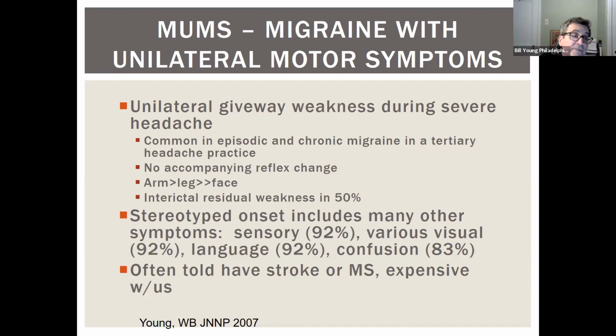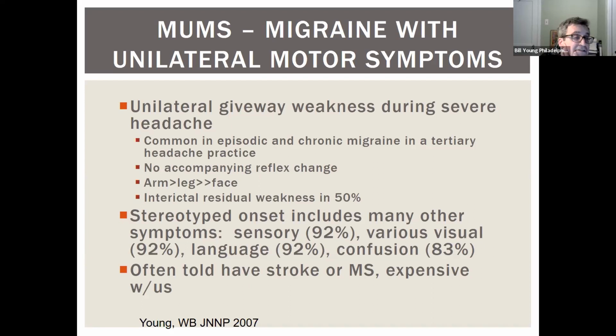So I began to study these, and in one summer, I parked a medical student in our office, and I found 24 people who had normal MRIs, who during their severe migraine attacks got weak on one side, and they were almost all the same. They had this pattern of onset where the numbness and the weakness came together, usually unlike migraine with aura or familial hemiplegic migraine.